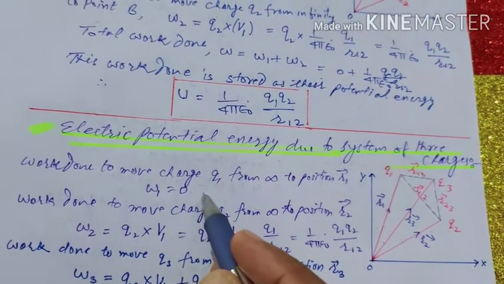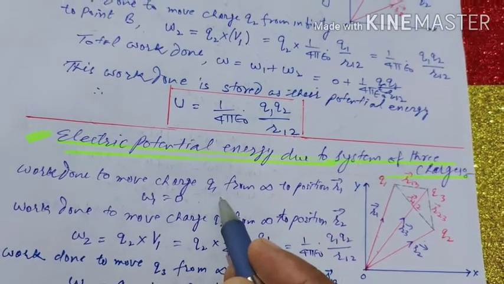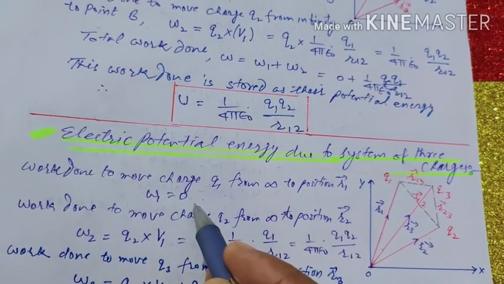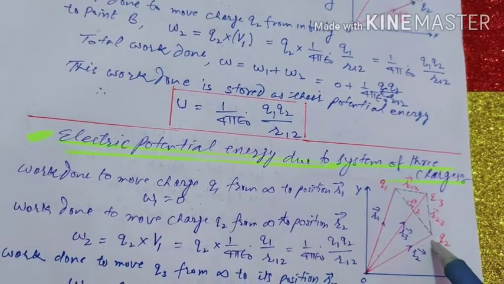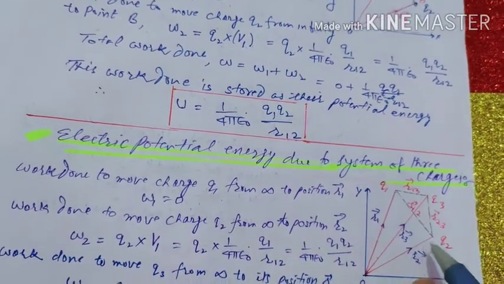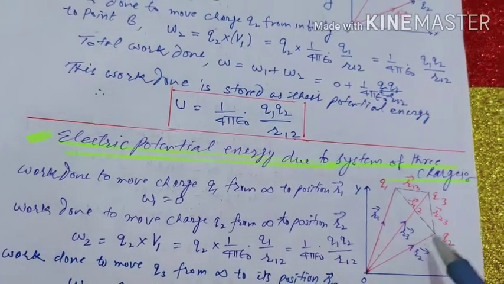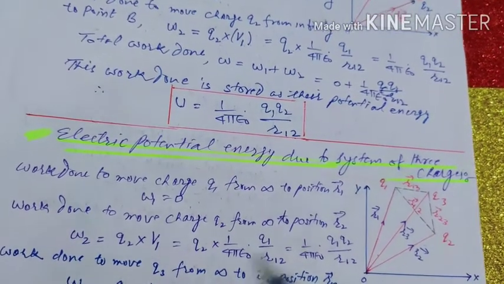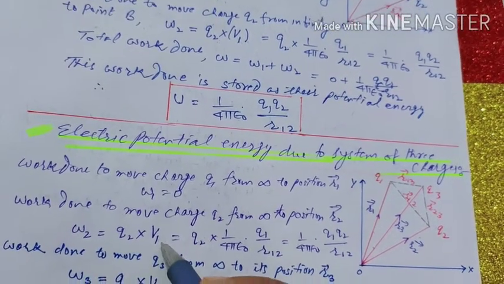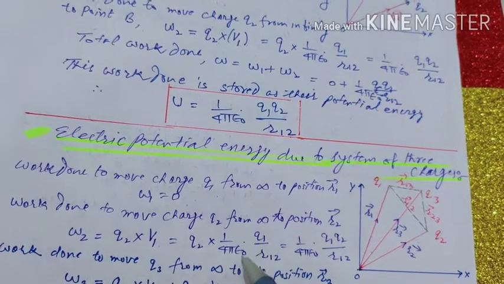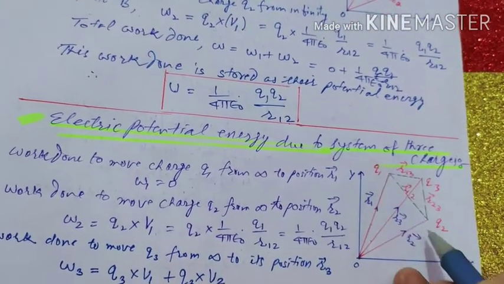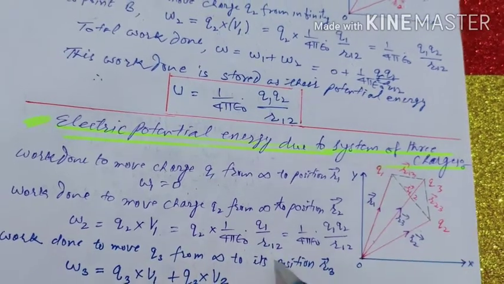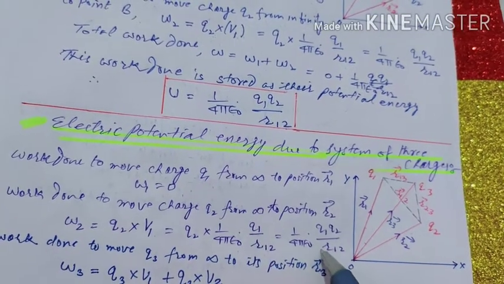So the work done to move charge Q1 from infinity to its position, W1, is 0. Now I have to bring Q2. The charge we are bringing is Q2 and the potential of Q1 is there, that is 1 by 4 pi epsilon naught, Q1 by R12, where the distance between Q1 and Q2 is R12. So this is the work done.